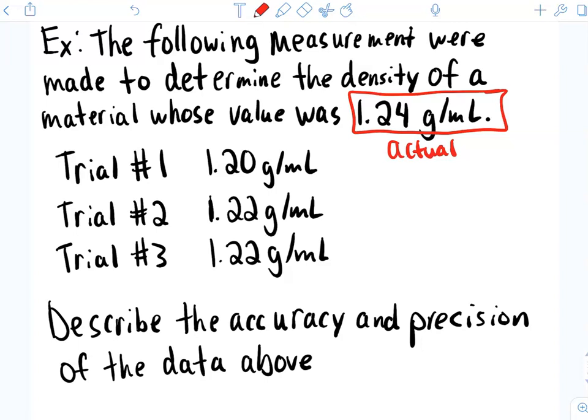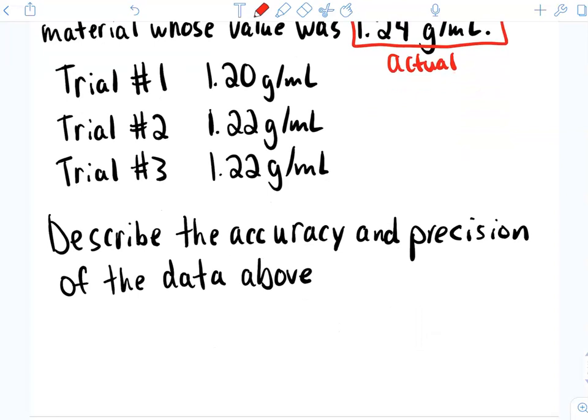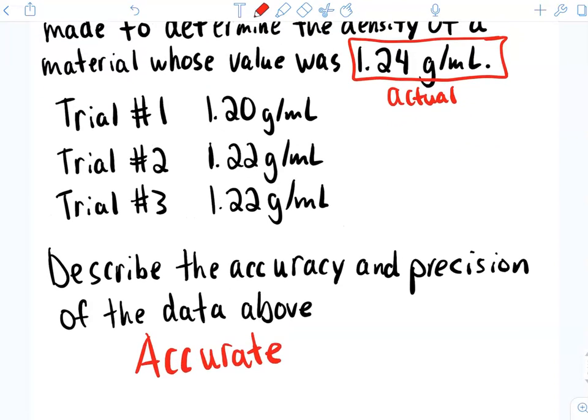Well, they are. They're 1.20, 1.22. So that means that we are accurate. And then for our precision, all of my data points are really close to one another. In fact, 2 of them are exactly the same. So that means that we are going to be precise as well.